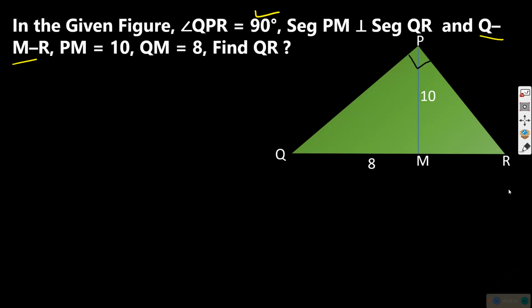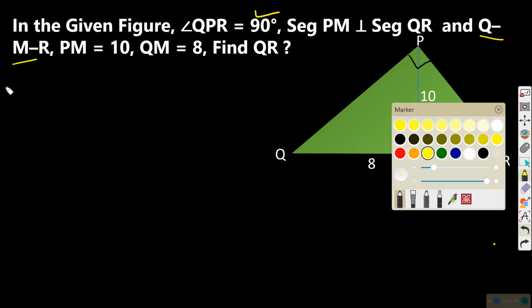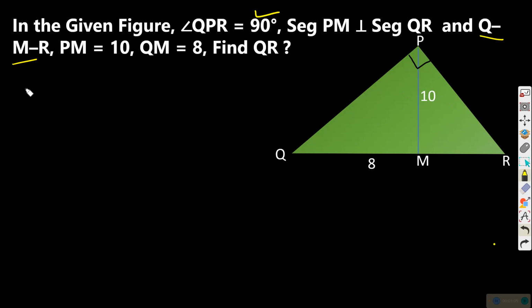We will apply our knowledge and common sense to solve it. What to find out is QR, and PM is perpendicular. So we will start thinking about how to solve it. We have to find out QR.